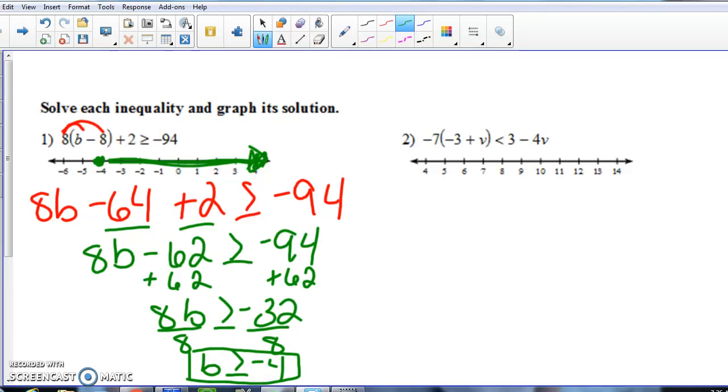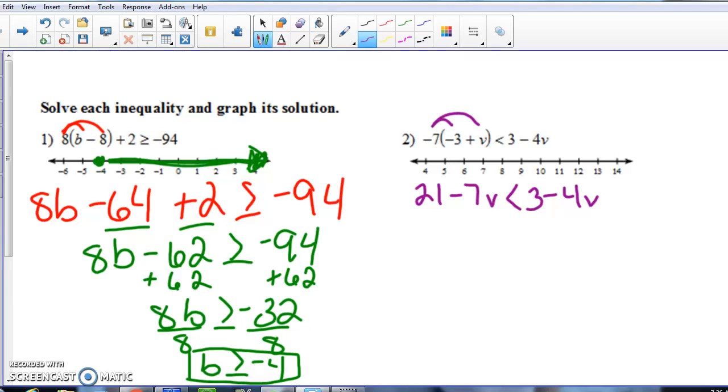Okay. Very similar with number 2. Let's see if we can go through that. Again, I see parentheses, so I'm going to distribute that negative 7. That means multiply. So I end up with 21 minus 7b. Oops, that didn't work out very well. Let's try again. Positive 21 minus 7b is less than 3 minus 4b. Now this situation is slightly different than before, only because I have a variable on both sides.